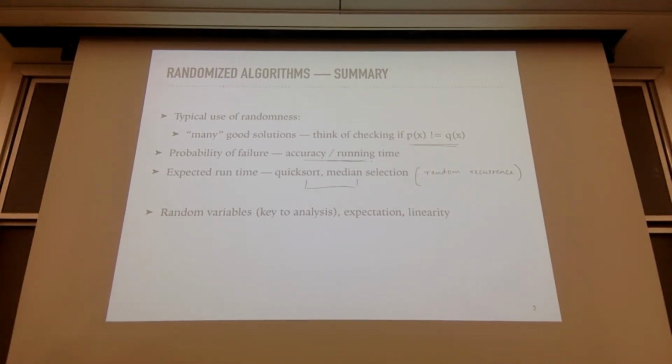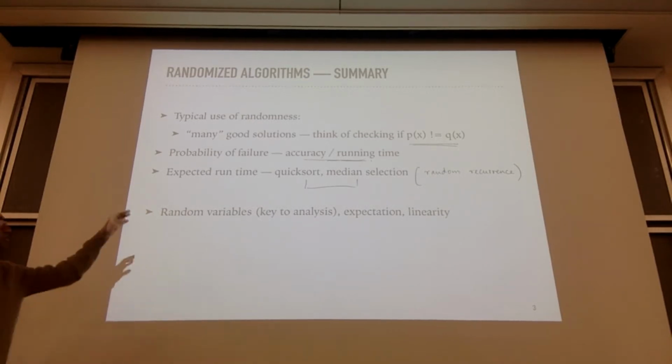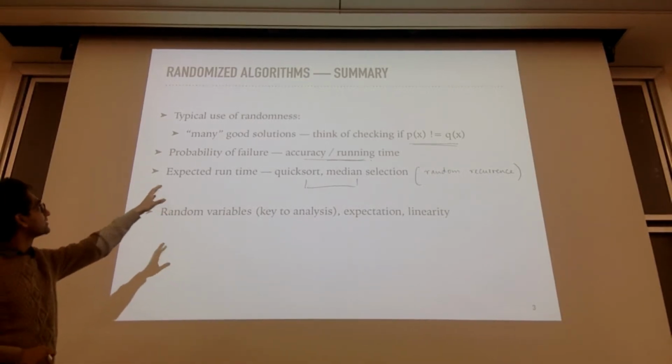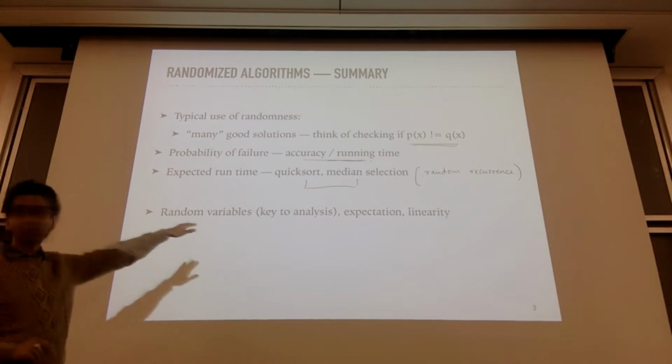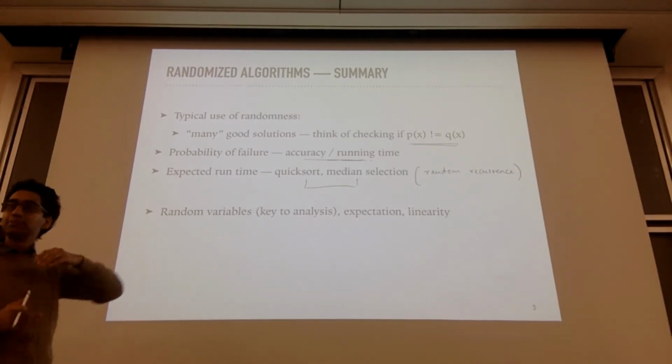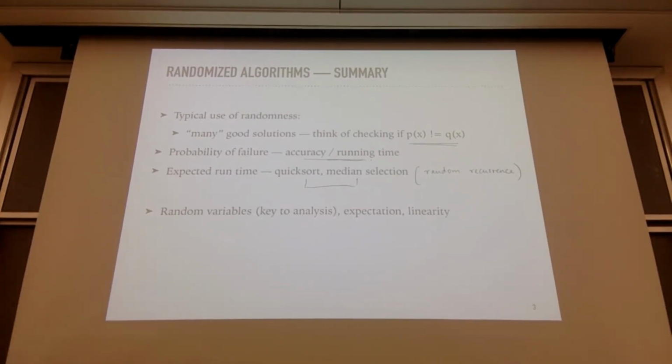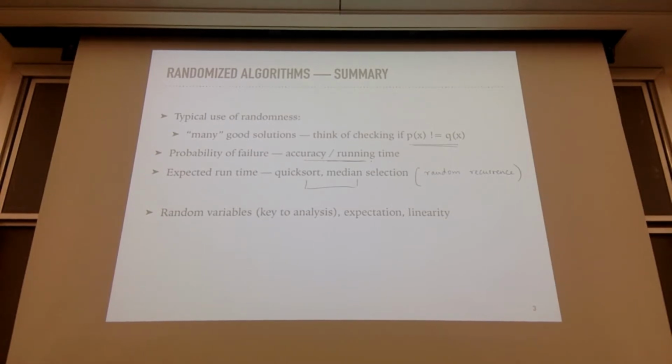One of the things that showed up always in our analysis of randomized algorithms was the notion of random variables. We looked at real-valued random variables, which are just measuring the outcome of some probabilistic process. That's what we call a random variable.